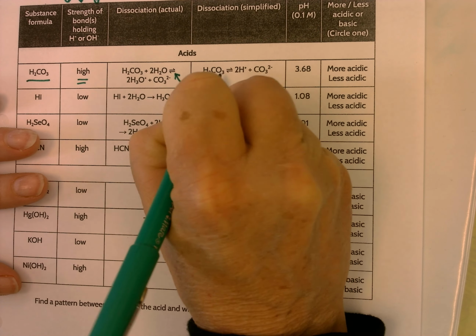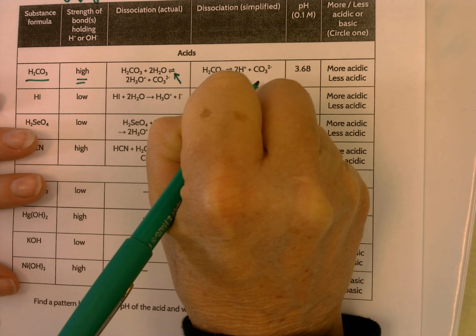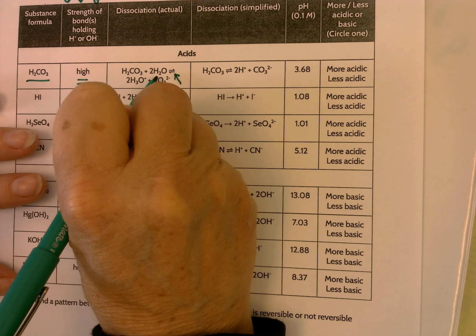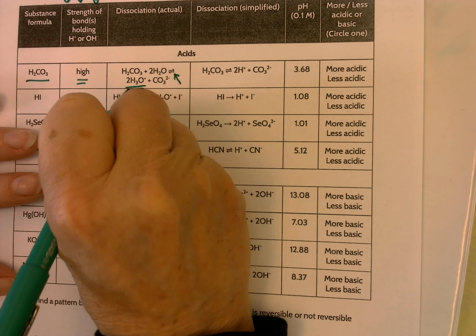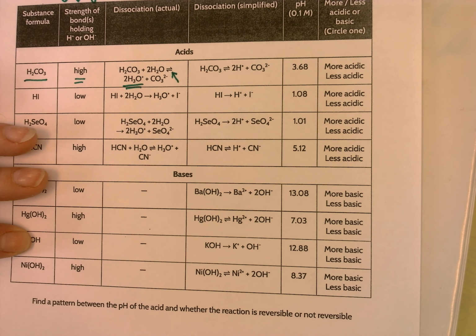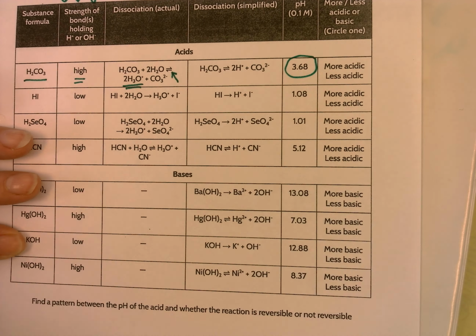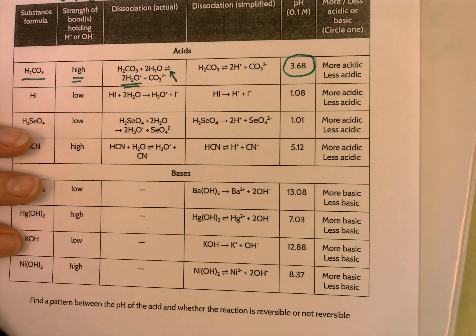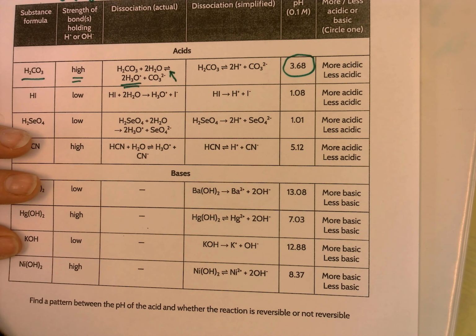And here is the simplified equation. And here is the more complicated equation with the bad water particles, the acidic water particles. How are we doing? Okay so far? So when we look at this pH, the pH is not close to 7, but it's not close to 1.